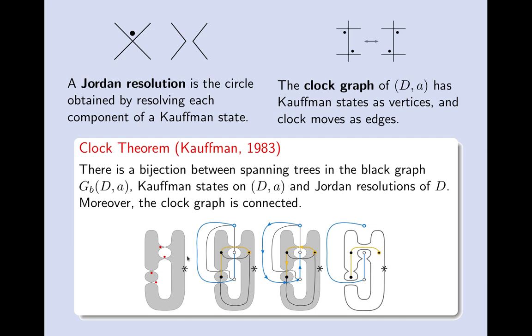So now to pass from a Kauffman state in red here to this pair of spanning trees, what we do is for each edge in the black graph, which corresponds to a crossing with a component of a Kauffman state in a black region, we add that edge to this, in this case, yellow subgraph.